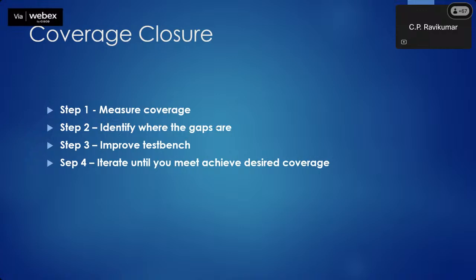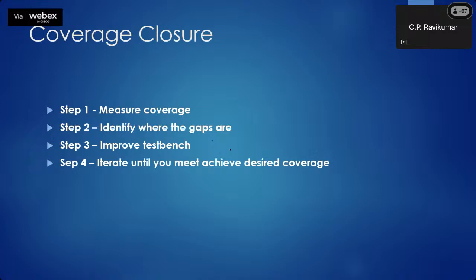Every person who writes a test bench has their own way of writing the test bench. They may write a lot of display statements. Many of them may run into hundreds of pages. Okay, so we have to sit and figure out where the coverage is low, which cover groups are giving poor coverage, which cover points are giving poor coverage.